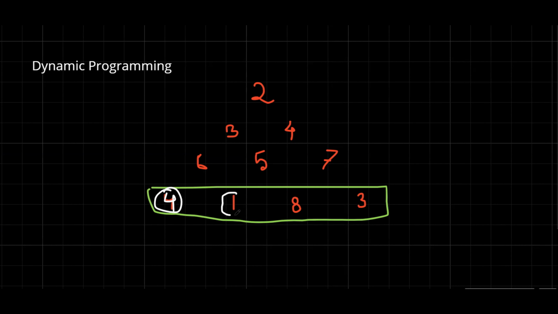If we are currently at this 1, we have to pay 1 to reach the bottom row. If we are at this 8, we have to pay 8. And if we are at this element 3, we have to pay 3 to reach the last row. Now, this is the base condition.